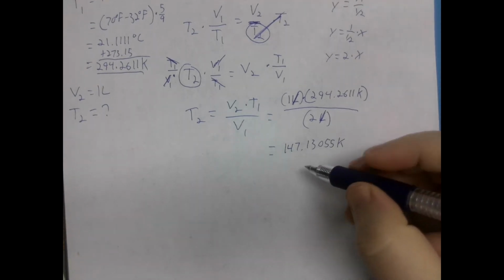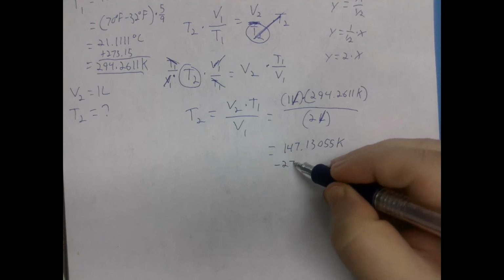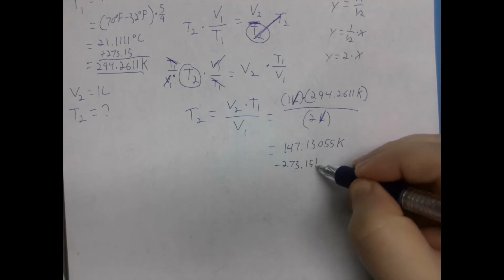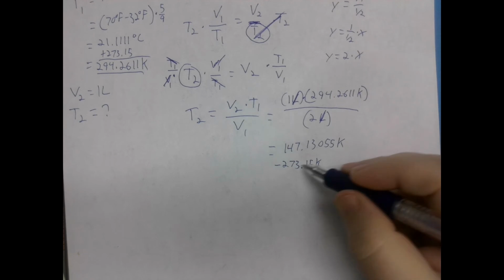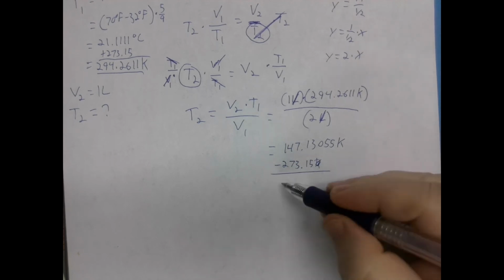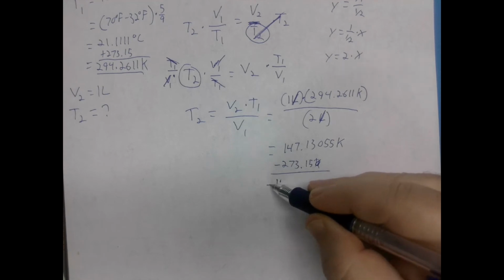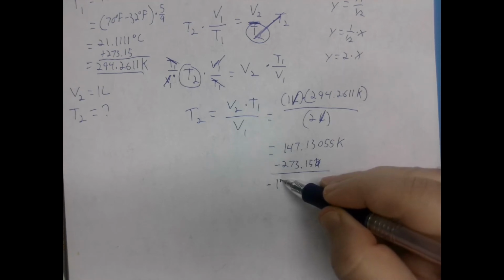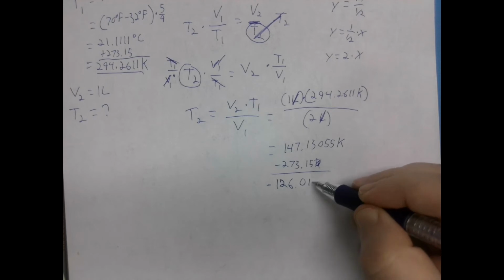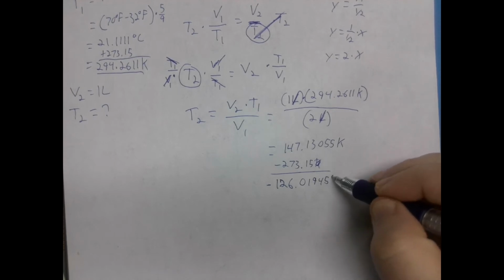And to get it back into Fahrenheit, we can first subtract 273.15 Kelvin, or just subtract that number. That gives us negative 126.01945 degrees Celsius.